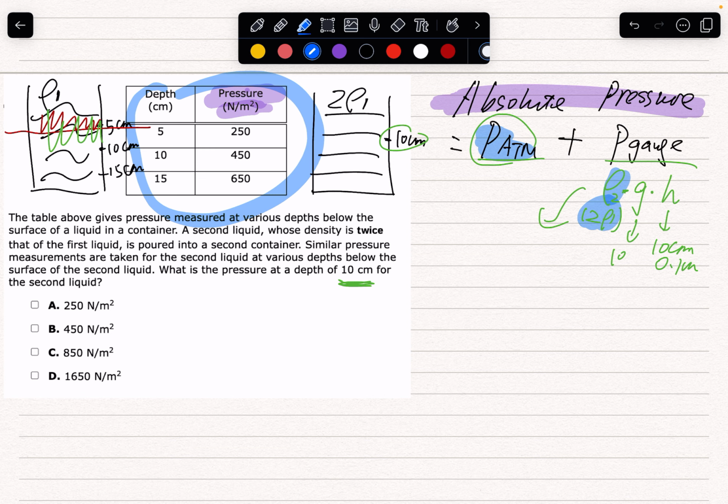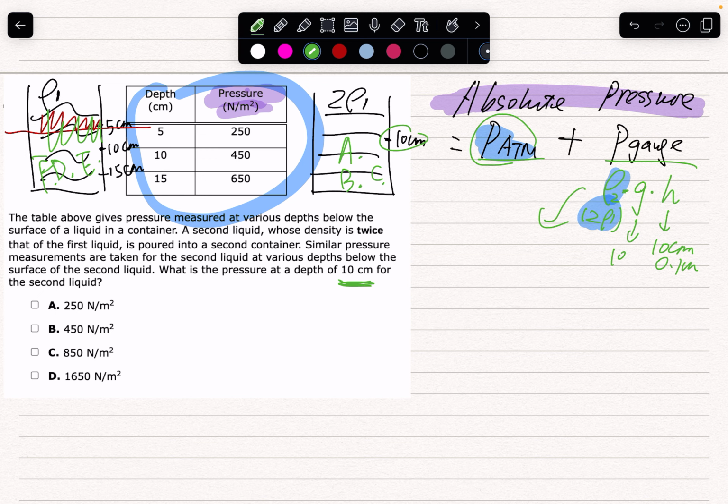Because we know P atm is constant for any point A, B, C, D, E, F. Any point in any of these liquids, right? It's not that I'm putting one container at sea level and another on top of a high mountain, where they have super different atmospheric pressure.